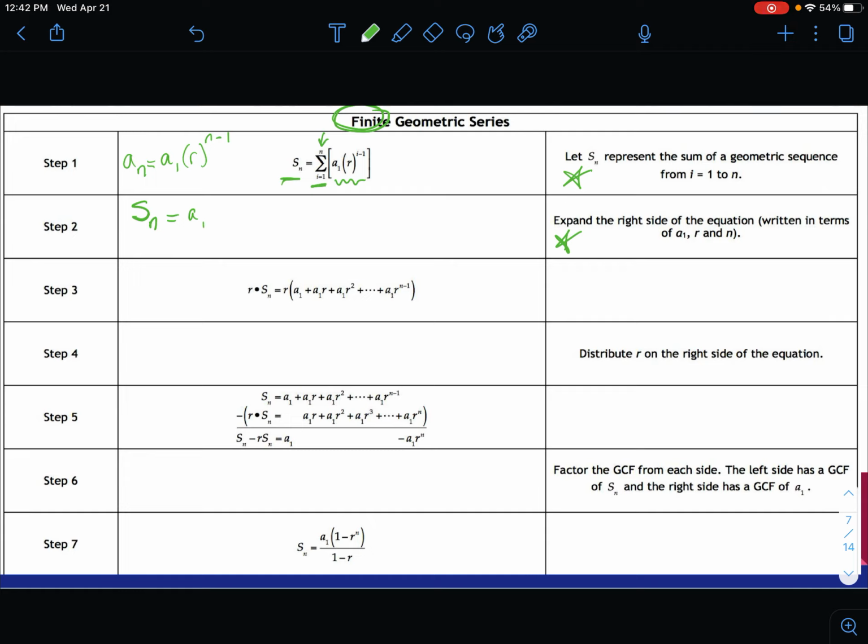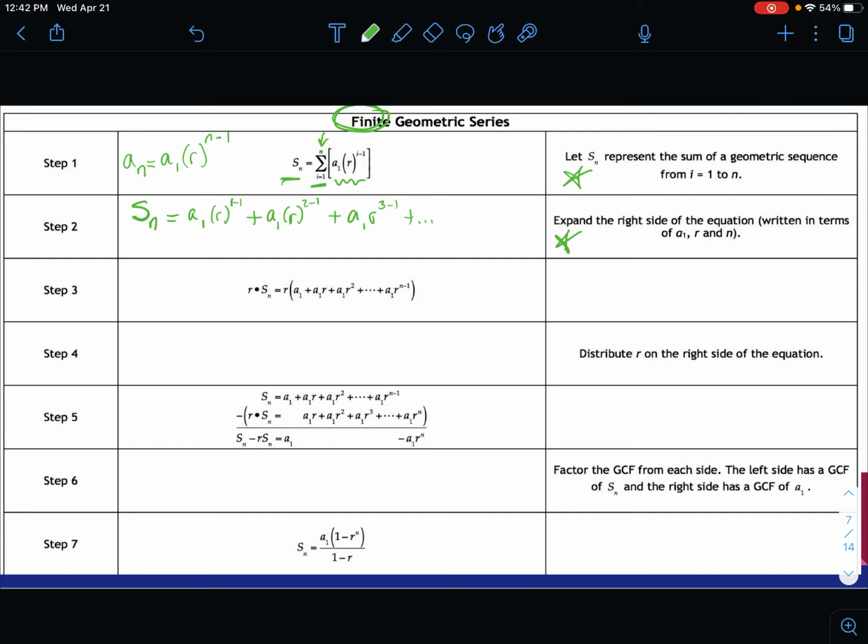The first term would be a sub 1 times r to the 1 take away 1, plus a sub 1, we'll plug in 2 now, r to the power of 2 take away 1, plus, I'll do some dots here. Maybe I'll do one more: a sub 1 r to the 3 minus 1.